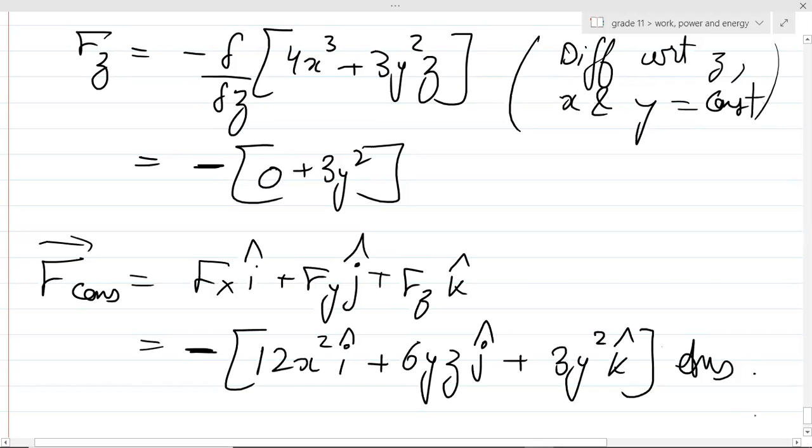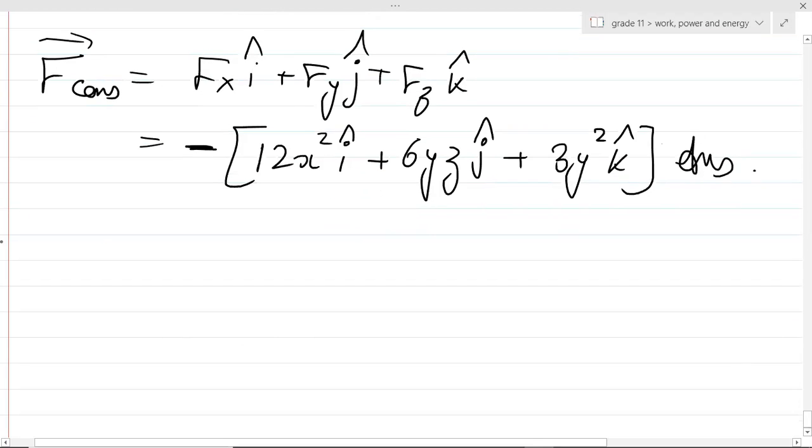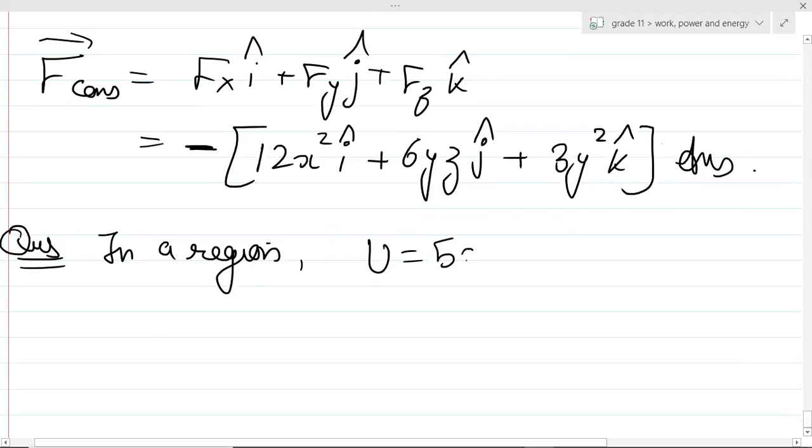So, next question. In a region, the potential energy of a particle is given this much.